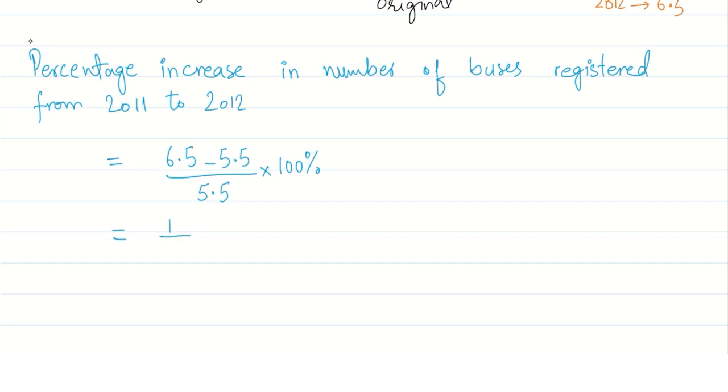So 6.5 minus 5.5 is 1, over 5.5, times 100%, and this gives us 18 and 2/11%. So this is the percentage increase from 2011 to 2012.